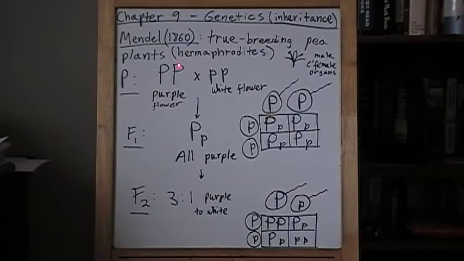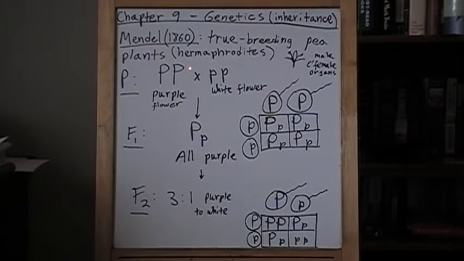Remember from the last chapter, you can have different versions of the same gene, 2 different alleles on the homologous chromosomes. Imagine these are the homologous chromosomes. They can either be different or the same. In this case, they're the same because it's a true breeding plant: the two homologous chromosomes have the same large P allele.